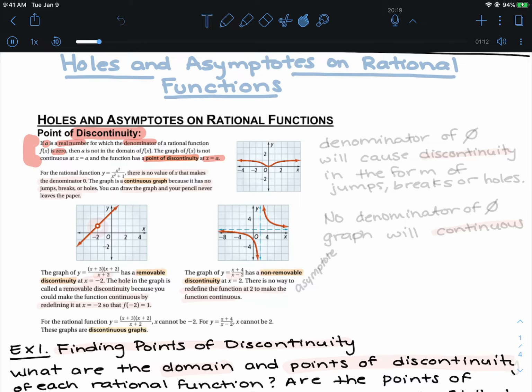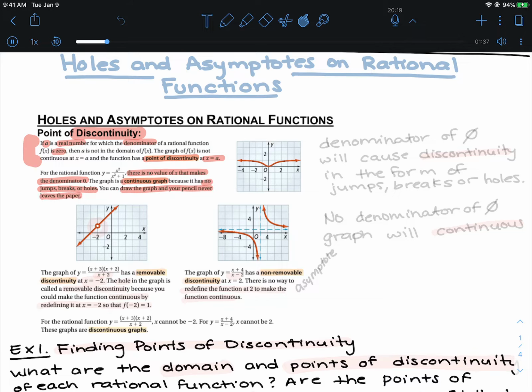Now, if you have a denominator that does not equal 0, so there is no value of x that makes the denominator 0, you are going to have a continuous graph because there are going to be no jumps, breaks, or holes. That means you can draw the graph with your pencil and never stop, right?